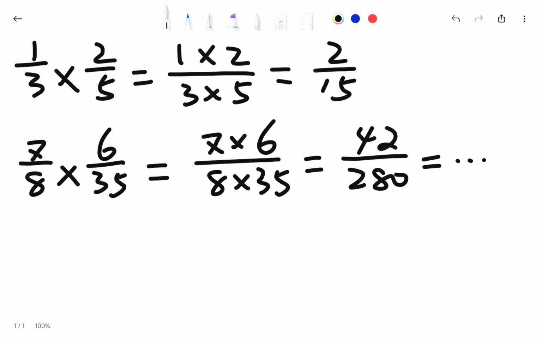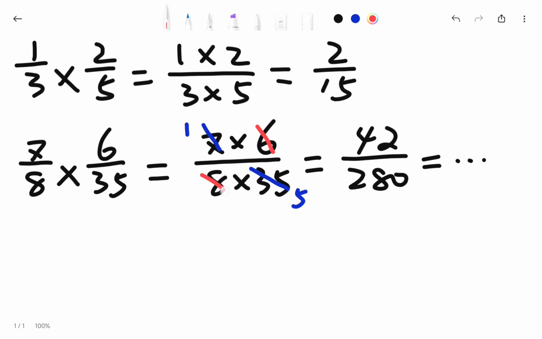Is there a quicker or smarter way of multiplying fractions? Yes, let's simplify these numbers before we get to 42 over 280. 7 is a factor of 35. So when we divide both numbers by 7, we get 1 and 5. 8 is not a multiple of 6, but they have a common factor 2.